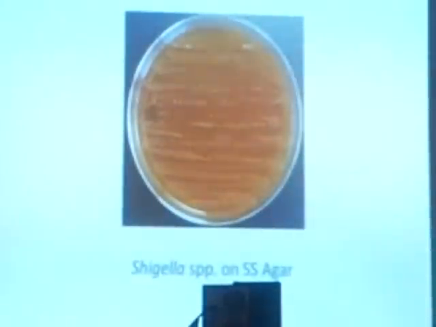Now, Shigella species on SS agar. Shigella is a lactose non-fermenter. Therefore, the colonies remain yellow or colorless, because neutral red remains in the basic range, and it cannot produce H2S. Therefore, there is no blackening of the colonies.